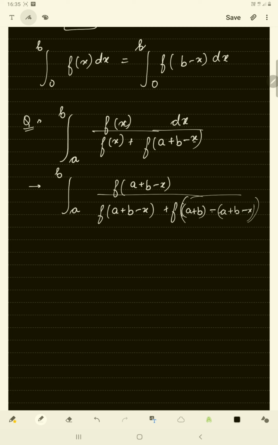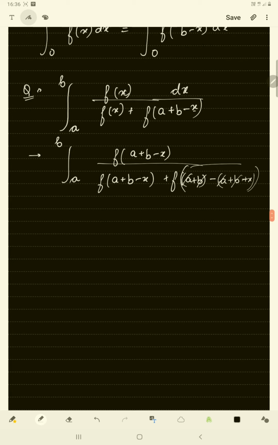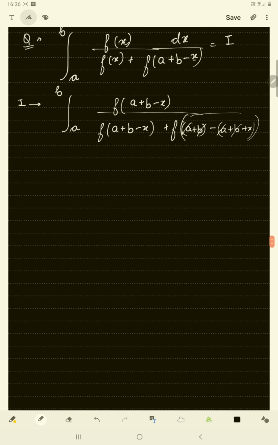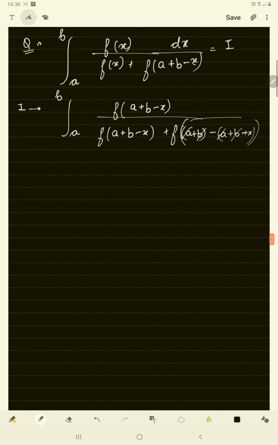After solving this, a and b cancel and there is a plus x left with us. This is very similar to the question we had. So we can term this integral as I, and this is again I because both terms are equal.